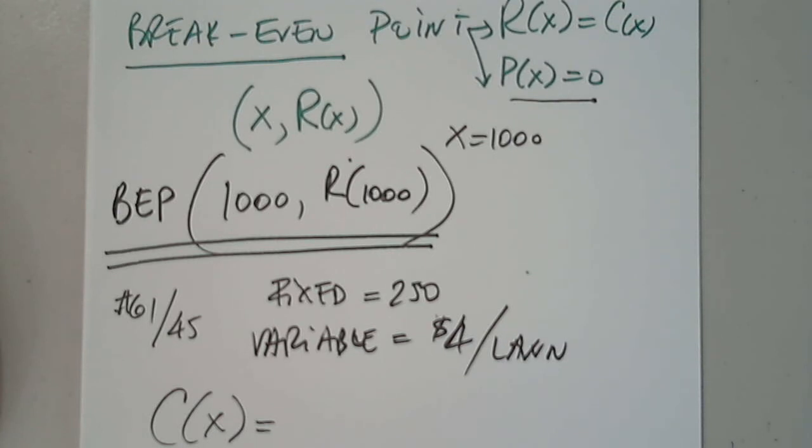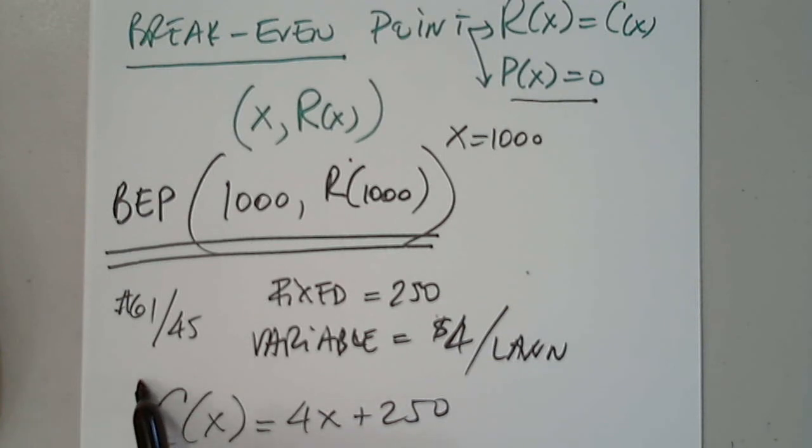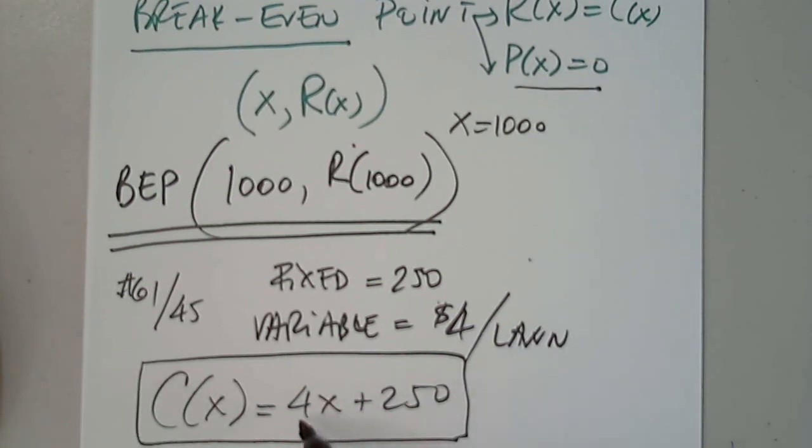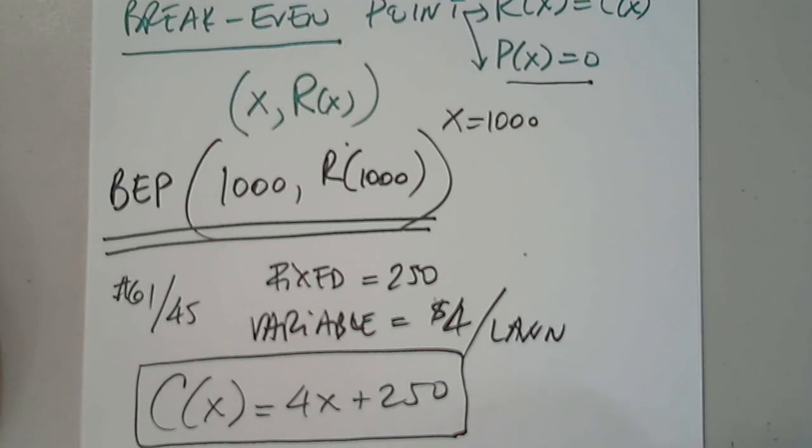It's just 4x plus 250. Brilliant. This is the total cost: 4 per lawn plus his initial cost, fixed cost for the lawnmower. Perfect.